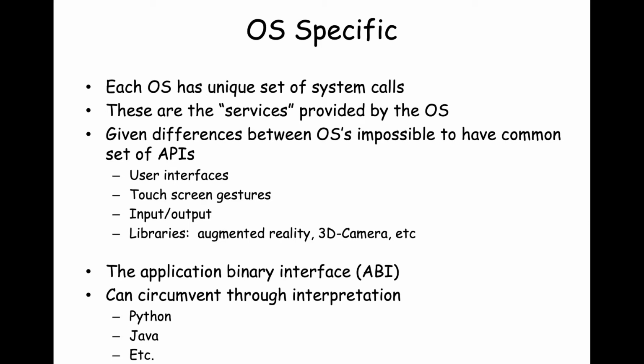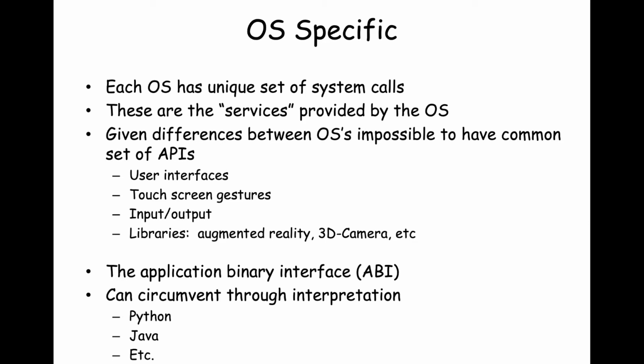And so there are all sorts of choices for the human interface or user interface, perhaps even for touchscreens, the gestures that the vendor deems to be reasonable for certain sort of interactions, the way you do input and output, the libraries, things like 3D camera, or maybe the ability to render graphics, augmented reality. There are also other choices for the binary interface, how you run and execute programs in their binary form.